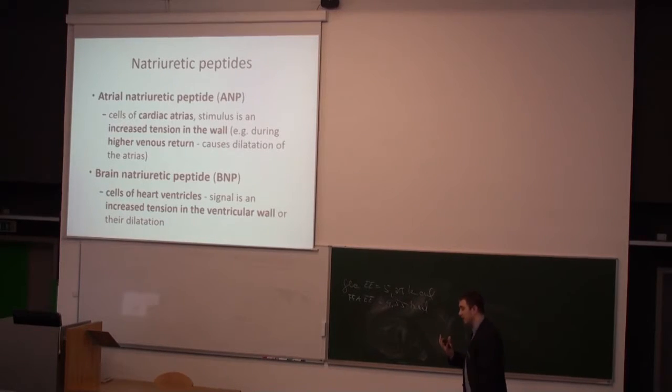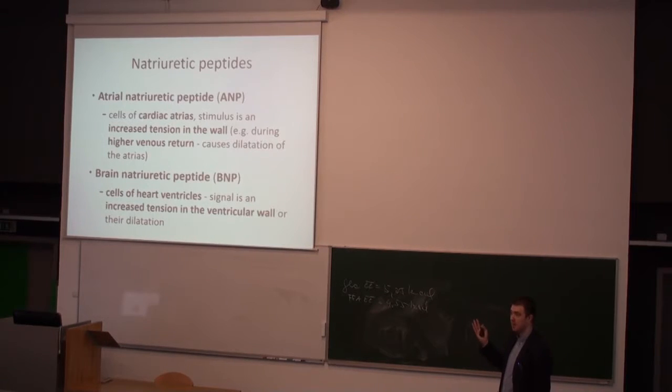That means that if you have dilation of the compartment of the heart leading to increased tension, then the heart reacts to it by releasing compounds that will decrease the amount of fluid coming to the heart.